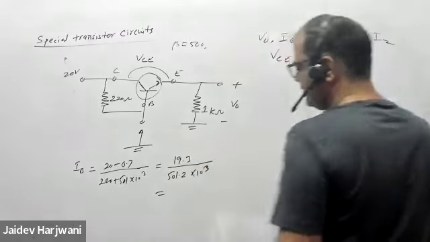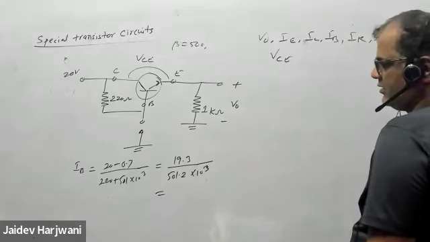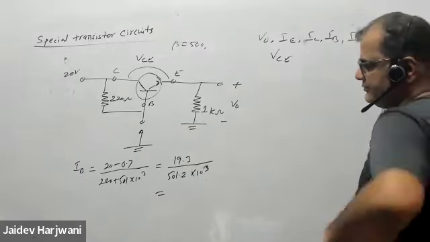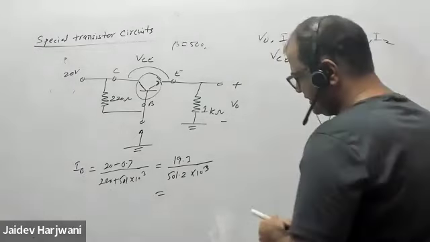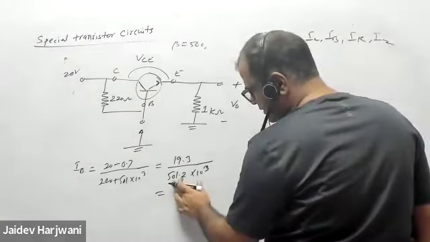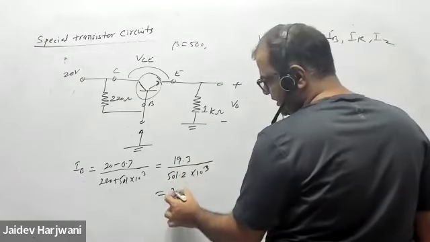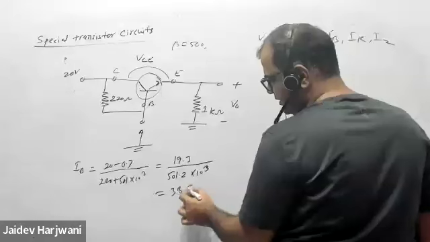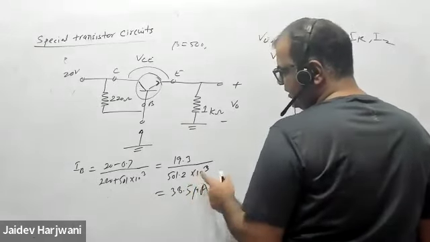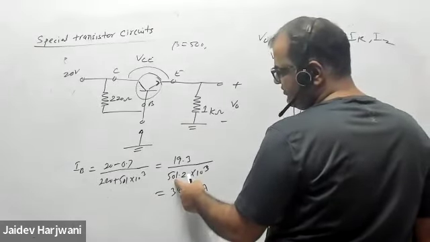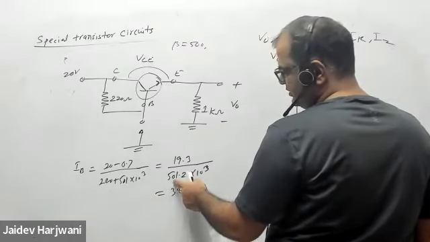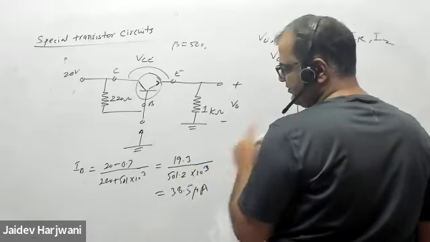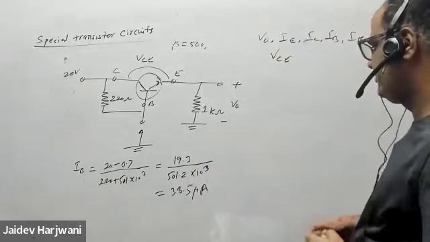Tell me. Around 38, 39 microampere. 38.5. Just check the calculation properly. 500, this is 10 to the power 4, and it becomes microampere.